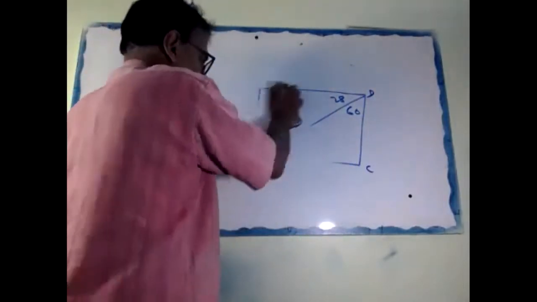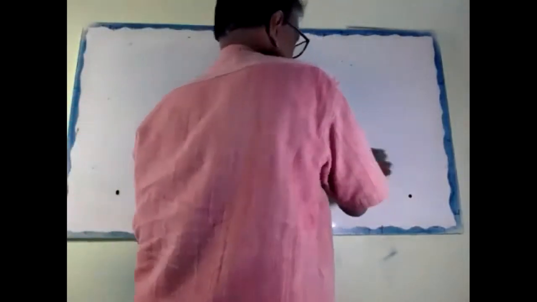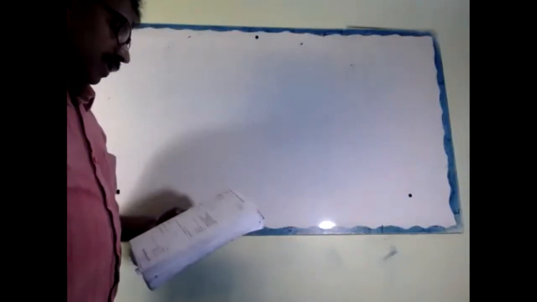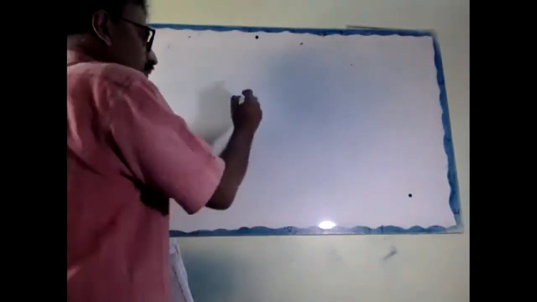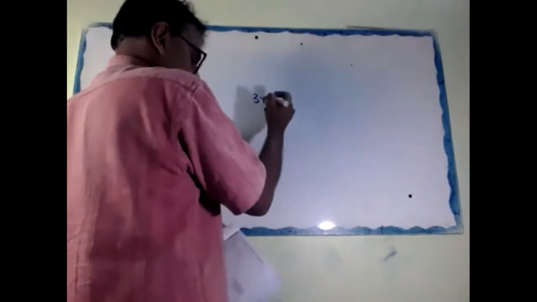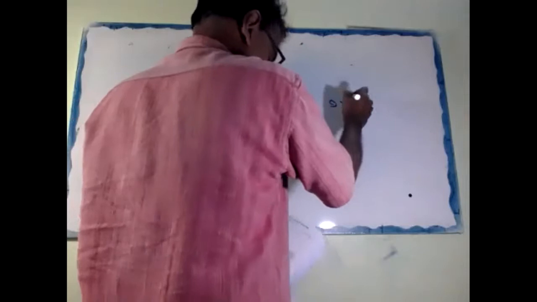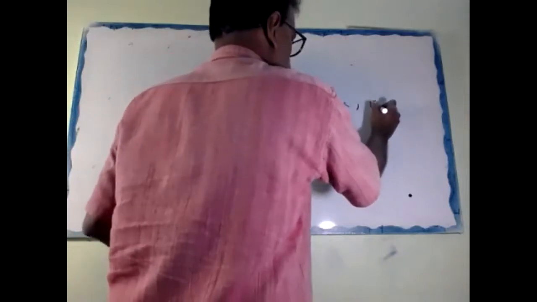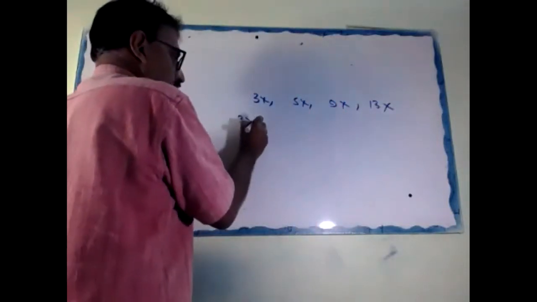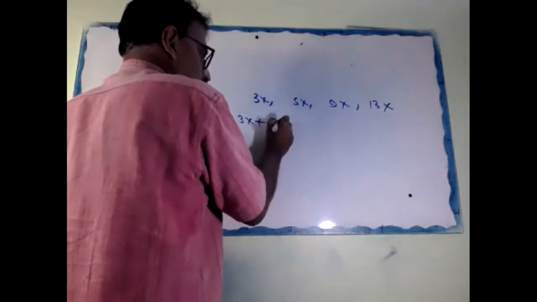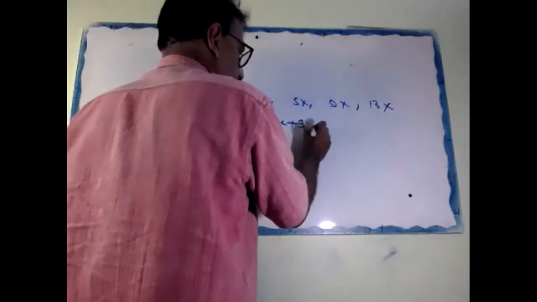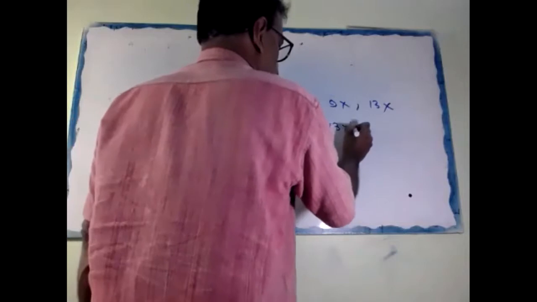Look at here. The angles are 3x, 5x, 9x, and 13x. So 3x plus 5x plus 9x plus 13x equal to 360.